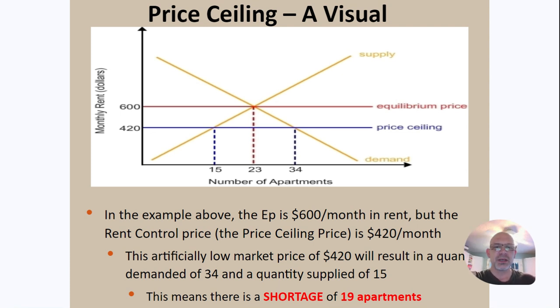Ceilings are always set below equilibrium, as you see on the screen here, because the job is to stop the price from rising to equilibrium. Price floors, previously shown, are always set above equilibrium because their function is to stop the price from dropping to equilibrium. That's really important. Once you get that straight, everything else should come pretty quickly.